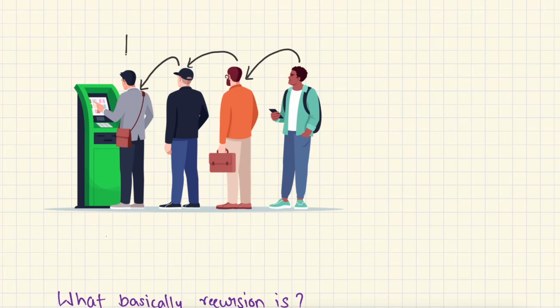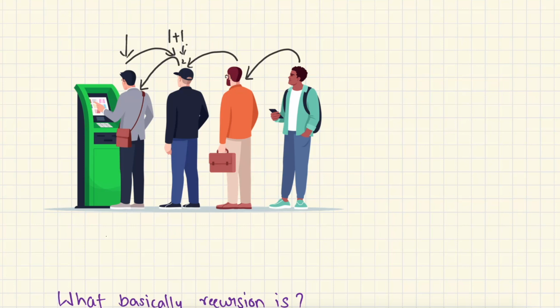Now this person is standing in front of the ATM. So this person knows that I am the first person in the queue, and responds back to the person standing behind that I am number 1. That person got the response that if one person is standing in front of me, and if I include myself, then it becomes 1 plus 1, so my number is 2.